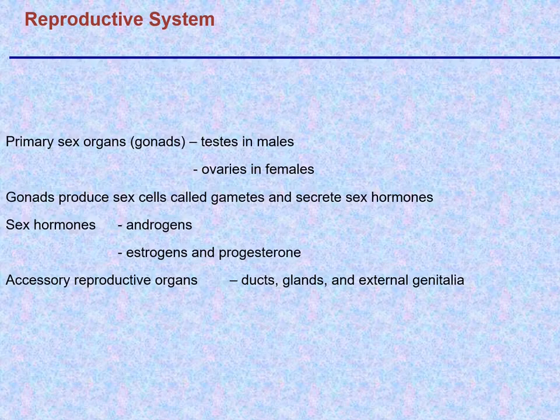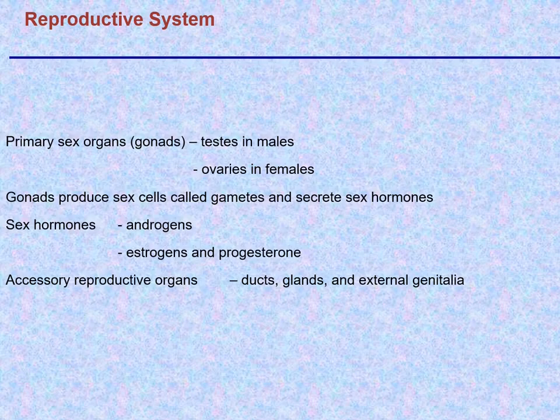So, it's not 100% that androgens are male and the others are female. In fact, for females, the main sex hormones are estrogen and progesterone. There's also estradiol, but estradiol is also present in males and has a role in sexual reproduction in males.